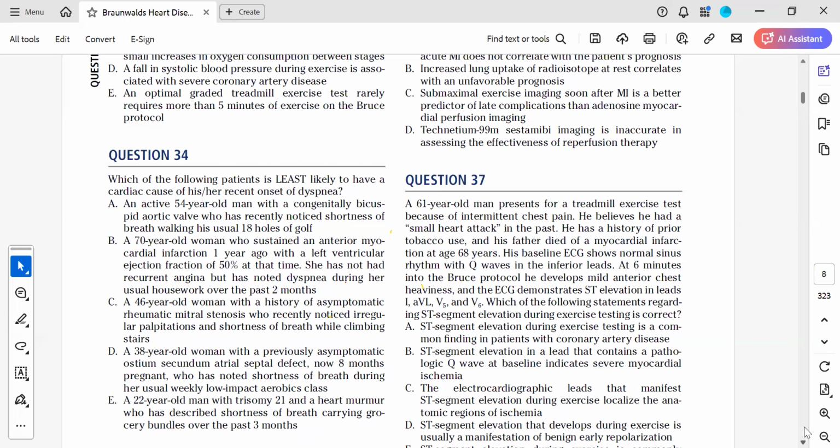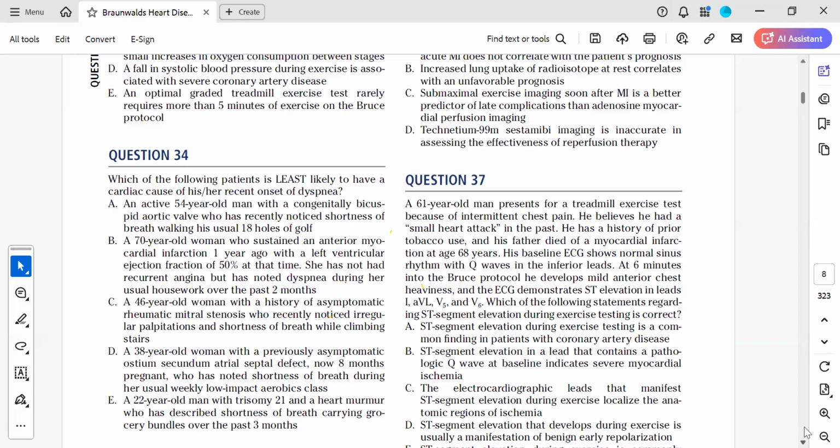So the first patient is a middle-aged man, and we know that a bicuspid aortic valve, a common cause of aortic stenosis, often becomes progressively stenotic with age. Symptoms would include angina, heart failure, syncope, and of course the difficulty in breathing that the man is noticing.